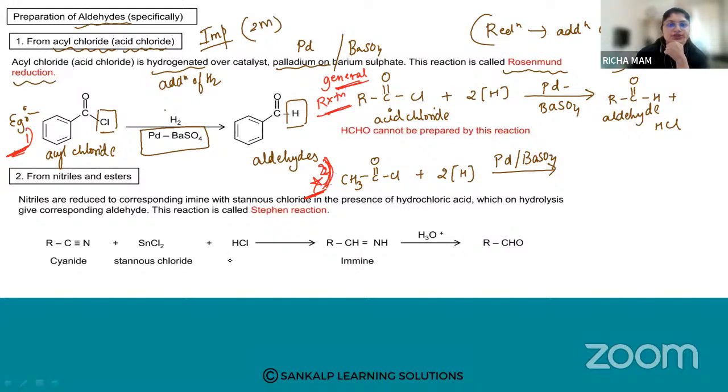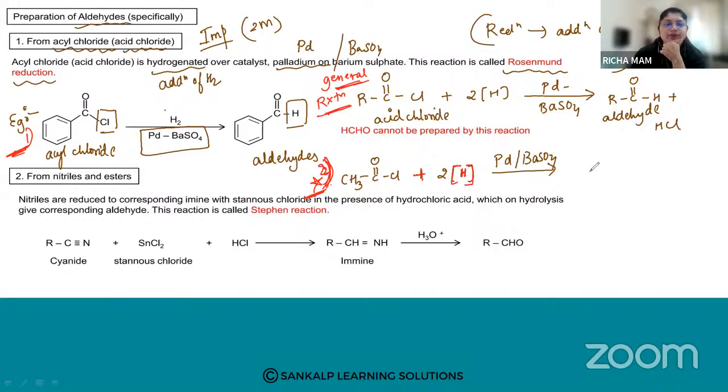What will be the answer, students? Acid chloride, and we are doing hydrogenation. We are going to add hydrogen.